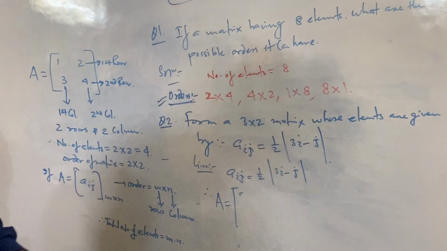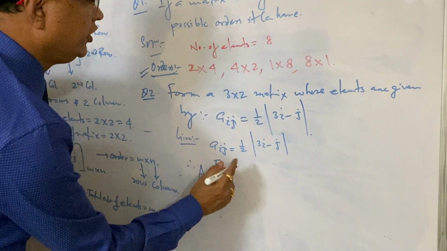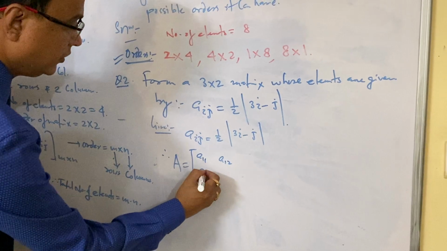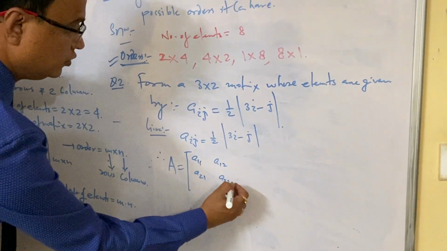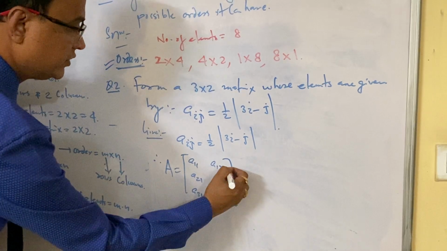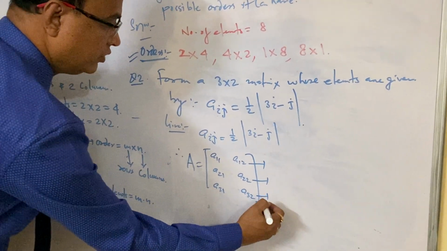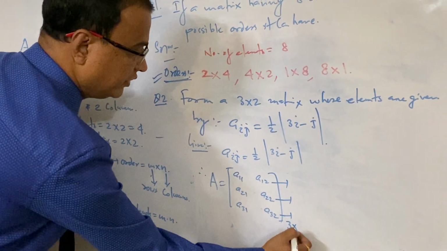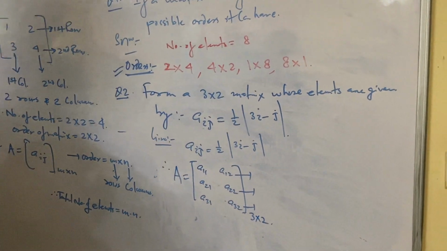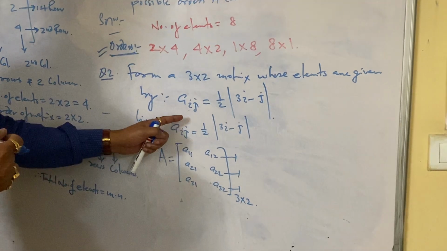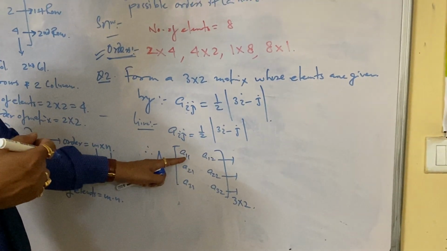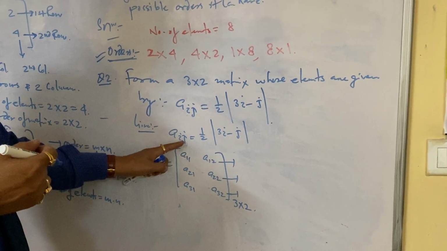So it is A11, A12, A21, A22, A31, A32. This is a matrix: first row, second row, third row. So 3 rows and 2 columns, this is a 3 by 2 matrix. We have to form this matrix. The formula is A of ij equal to half of the mod of 3i minus j. So for A11, i is 1, j is 1.